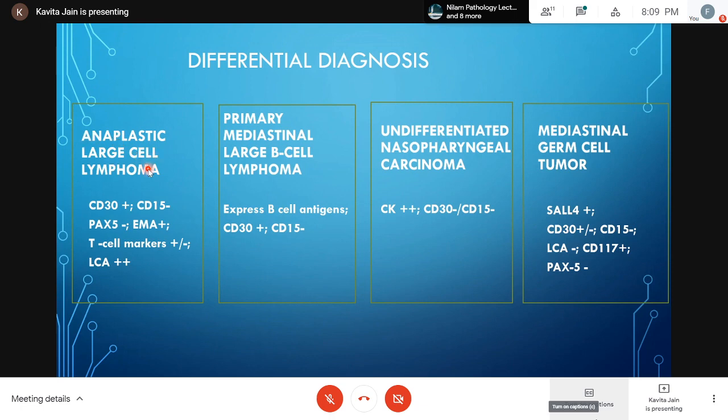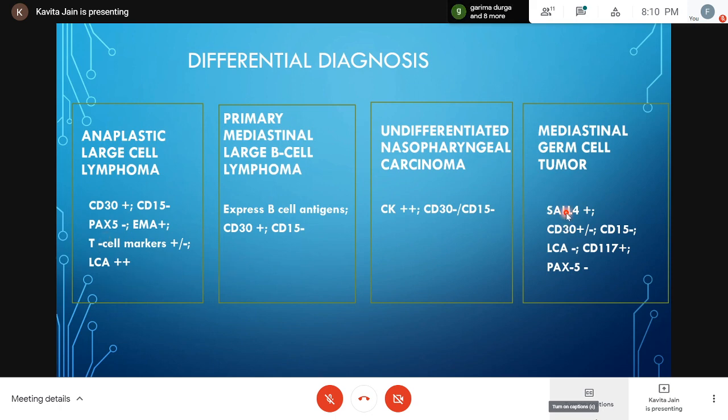Then anaplastic large cell lymphoma, again, we see that they are CD30 positive, but they will definitely be PAX5 absolutely negative. The slide will be clear of PAX5, so that helps us in differentiating. And of course, we also put EMA in our regular panel to rule out ALCL. And of course, LCA will be positive.